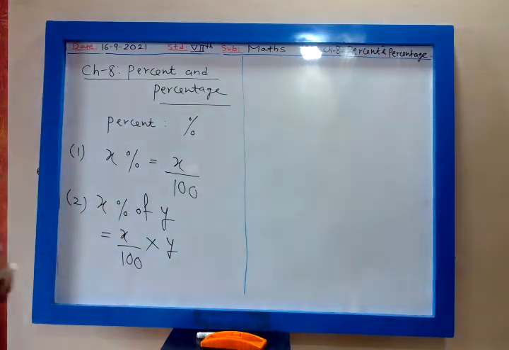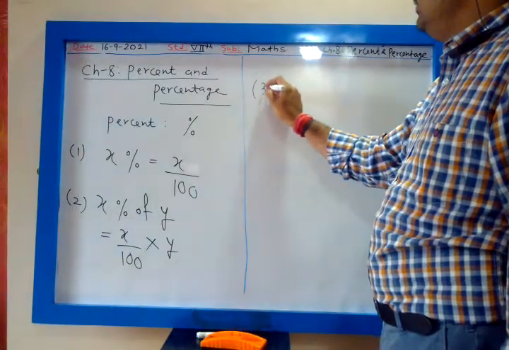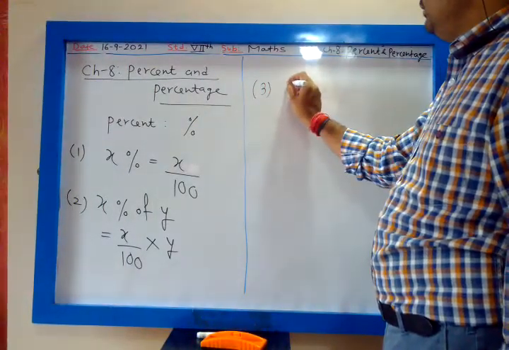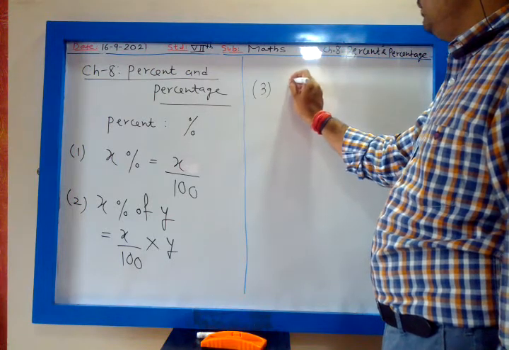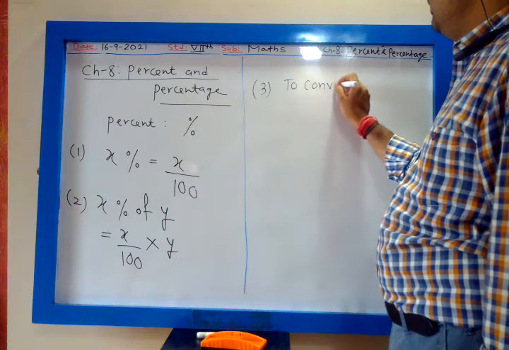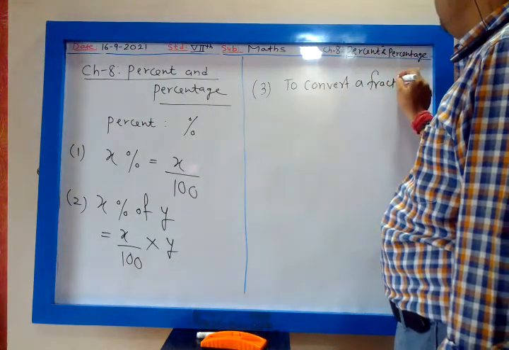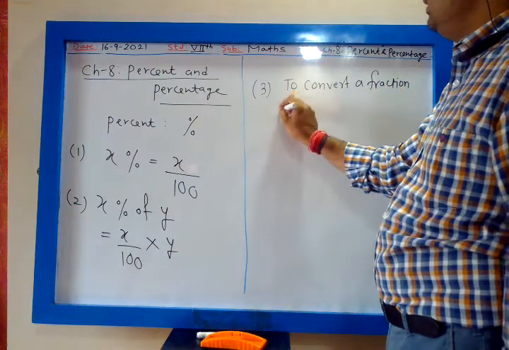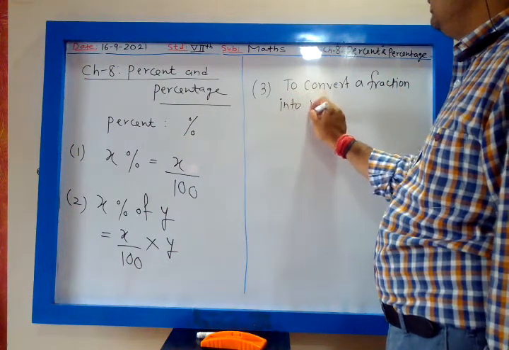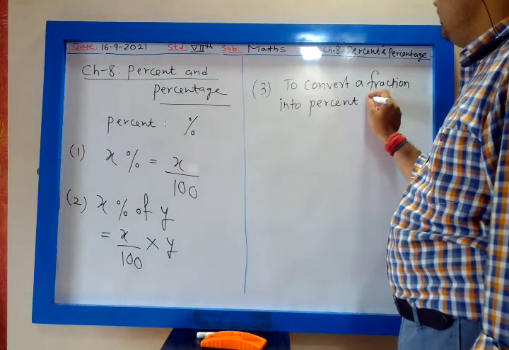Of means multiplication. Then the third one is to convert a fraction into percent. Fraction means numerator upon denominator into percent.